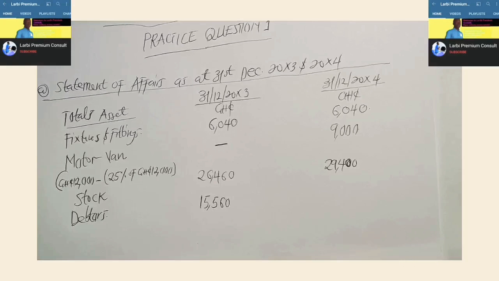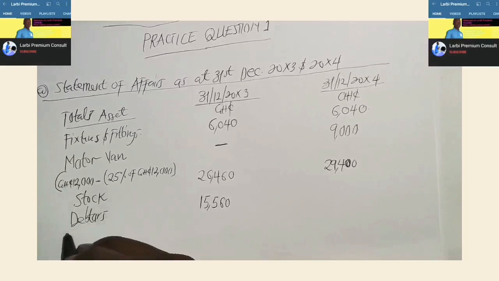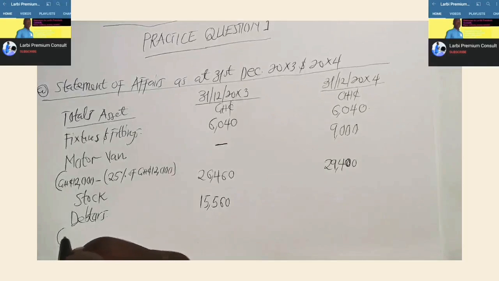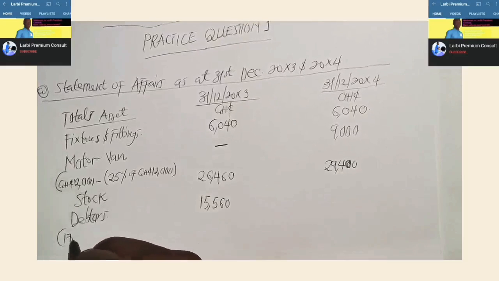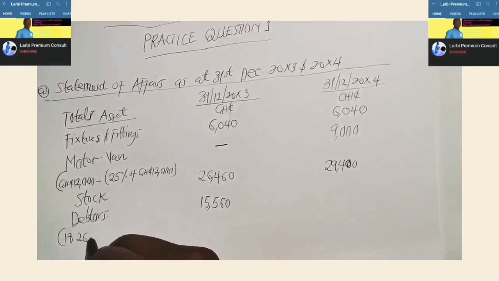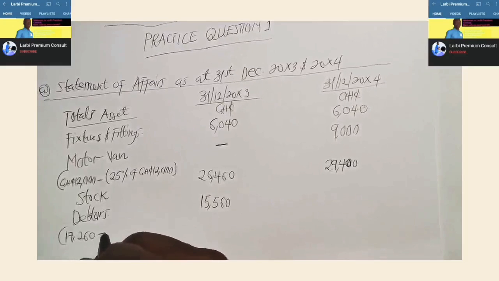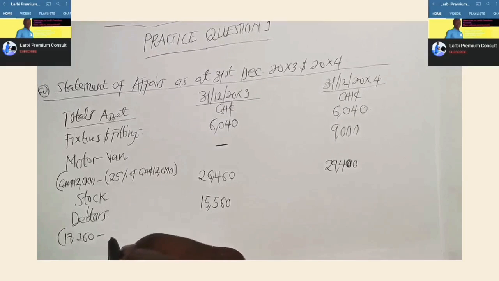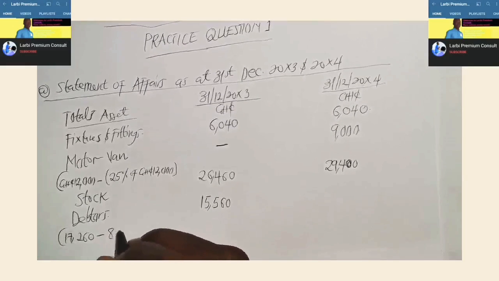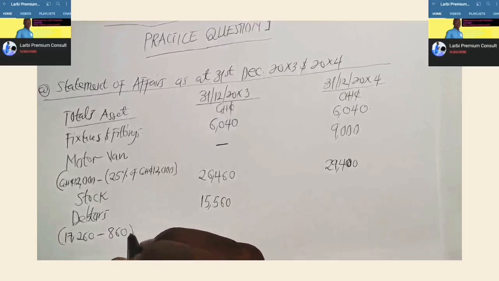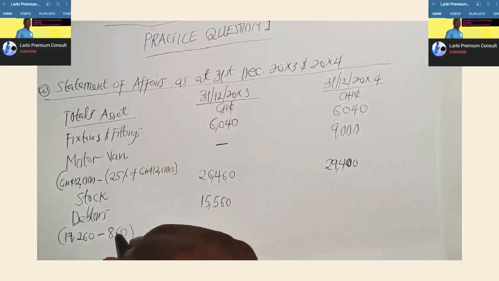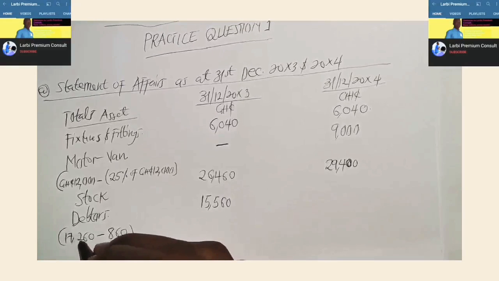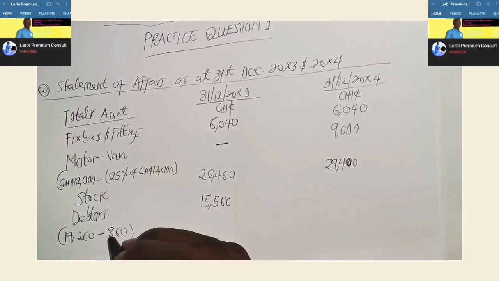So I will subtract 17,260 minus the provision, which was what? 860. When I do that, here is 0, here is 0, borrow 1 from here, making 12, so I'm going to get what? 4.